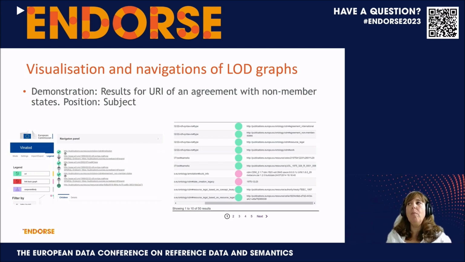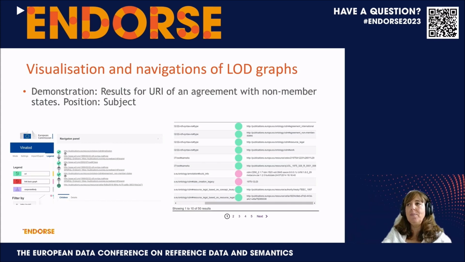This is a more complex example where, after navigating through several URIs that we can see in the navigation panel that is split, we arrive at a URI that represents an agreement of a non-member state.